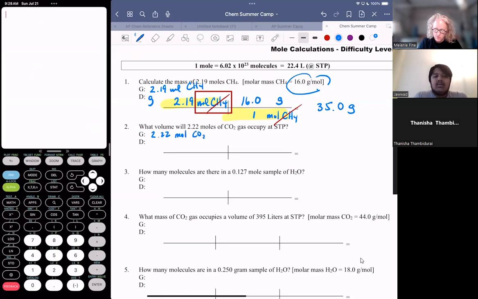Yeah. And what do they want you to find out? They want me to find out what volume that amount of moles of CO2 gas will occupy at STP. Good. So what is volume measured in?